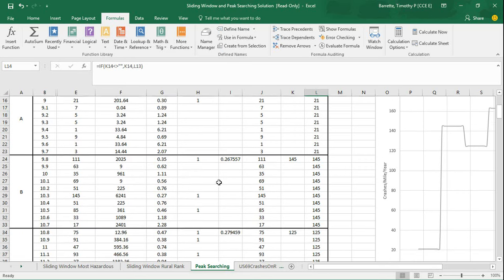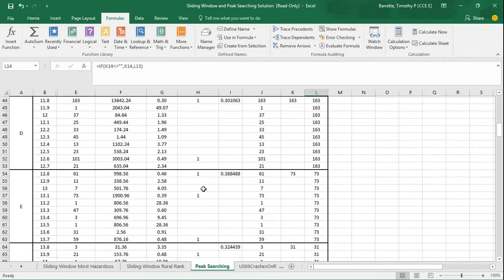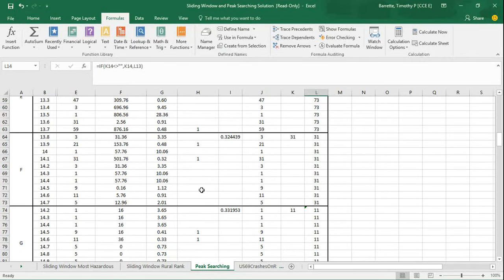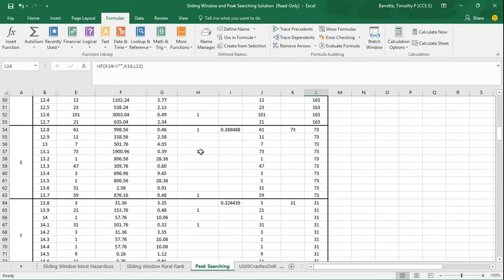And I've repeated this process for each of the segments that we've identified. And as you can see, essentially what we're going to notice is that the segments that have the highest crash frequency or the highest performance measure are the ones that we typically are going to rate the segment by.